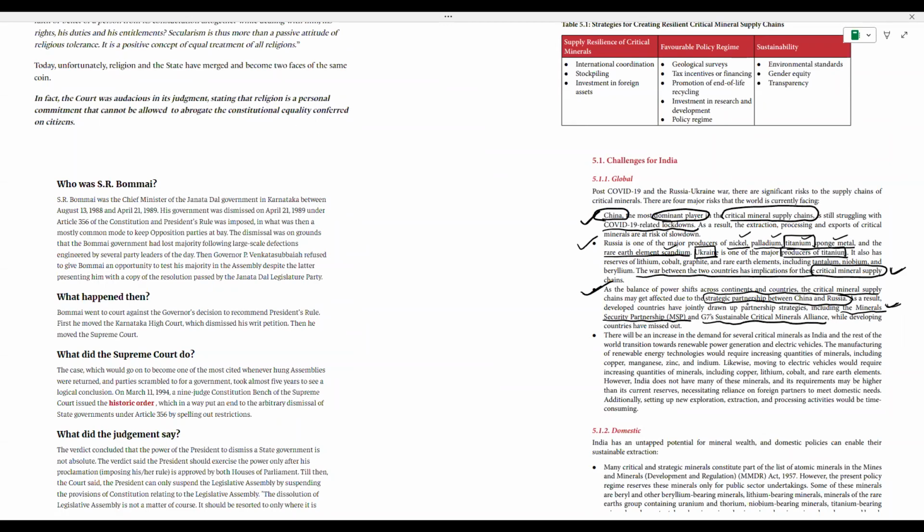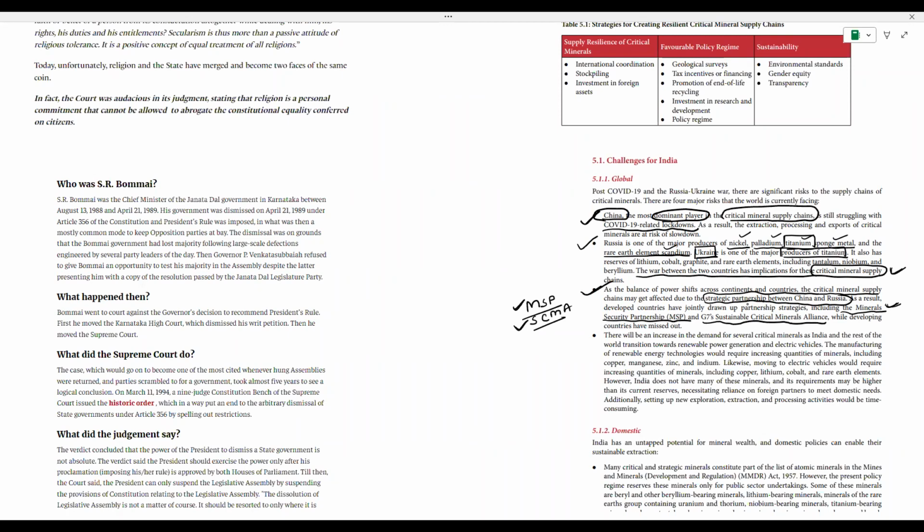So there are many alliances coming up in the world. One is MSP, the Mineral Security Partnership. Another is the Sustainable Critical Mineral Alliance. These two are very important.